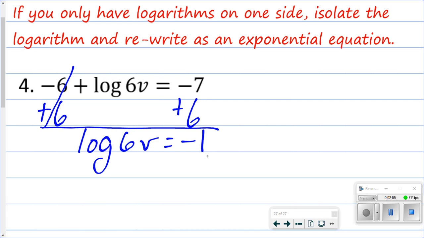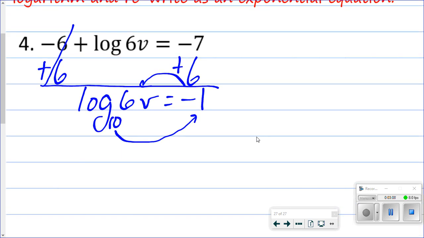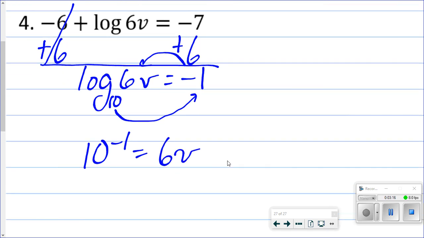And then now I'm going to rewrite it as an exponential. So remember my base here is 10. If it doesn't say it, it's understood to be a 10. So I'm going to go 10 to the negative 1 equals 6v. And then 10 to the negative 1 means 1 over 10.